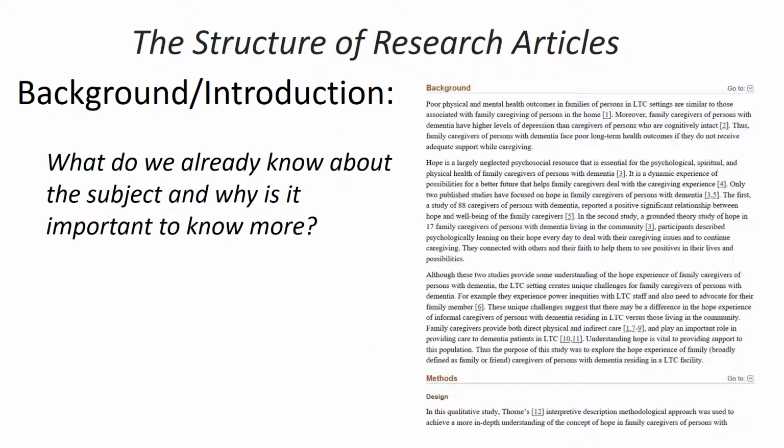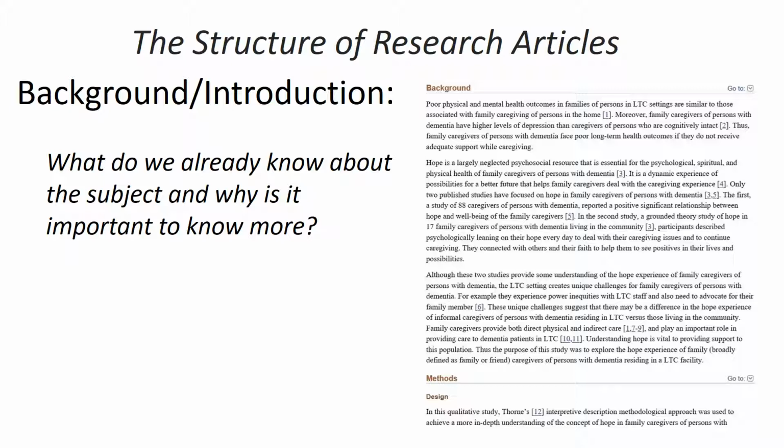The next part of a paper is the background or introduction section. Like I said, it could also be called context, and sometimes they may not even have a heading for it. But the purpose of that whole section is to let you know what we already know about the subject and what we don't know, and why it's important to know more.